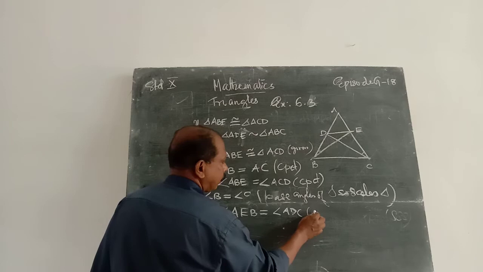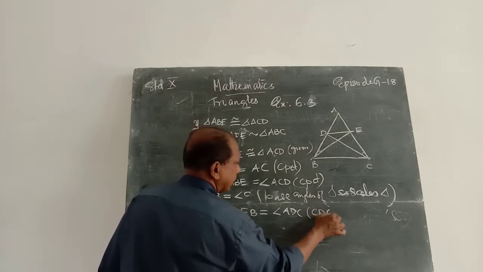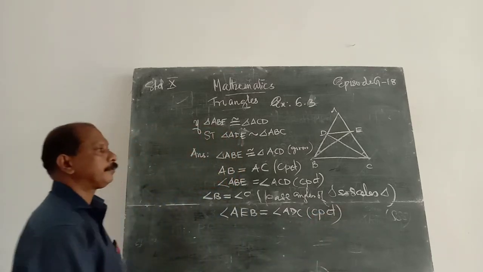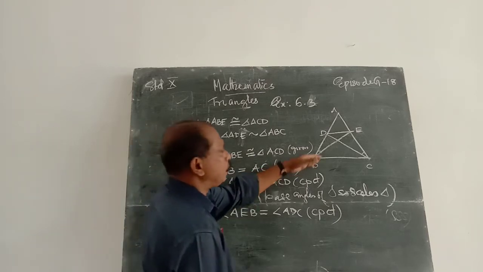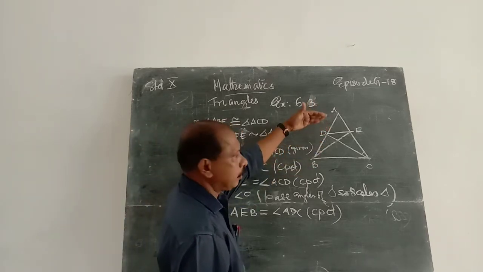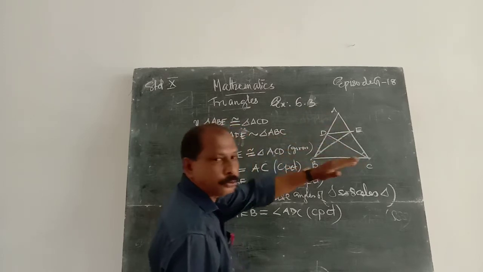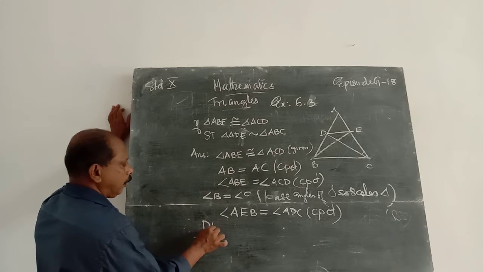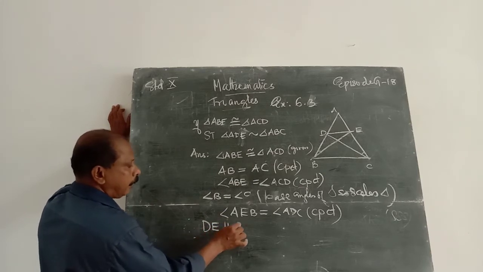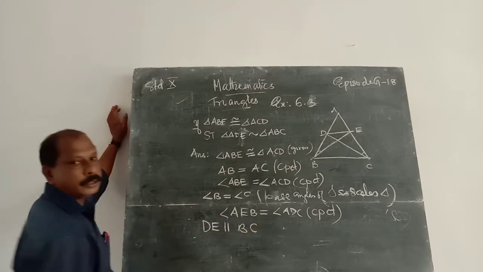That is also CPCT. Therefore, these two angles are equal. Therefore, DE is parallel to BC.